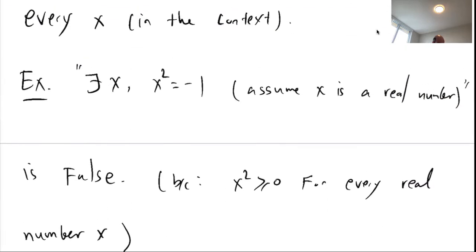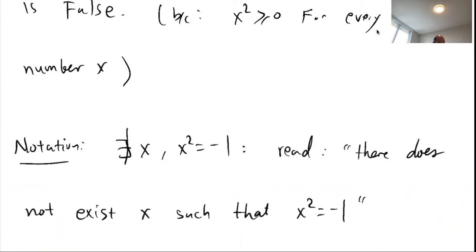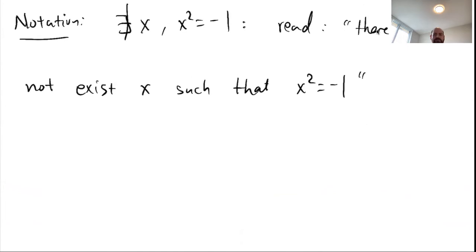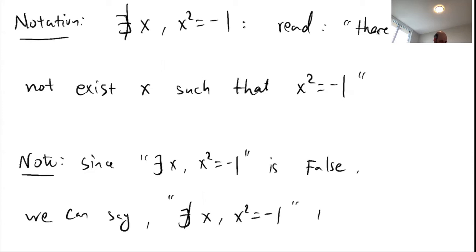So since there exists x with x squared equals -1 is false, again, of course, assuming that x comes from the set of real numbers, you can say there does not exist x with x squared equals -1 is true.